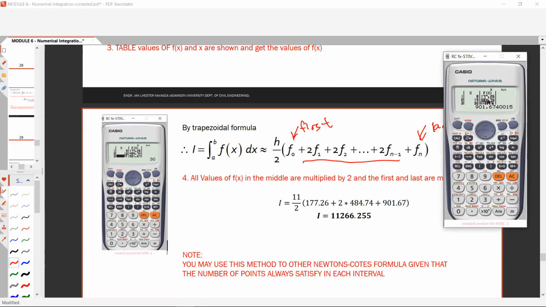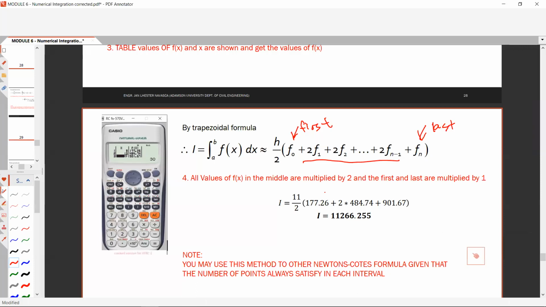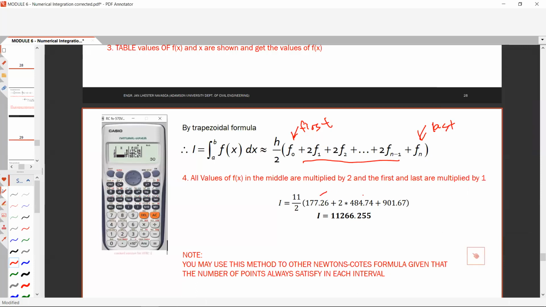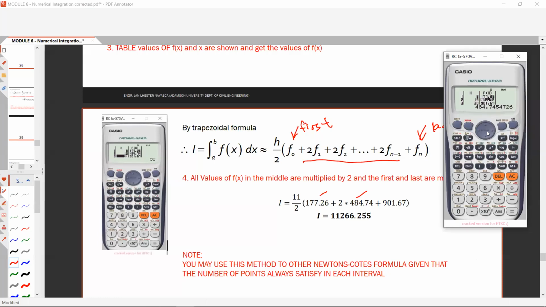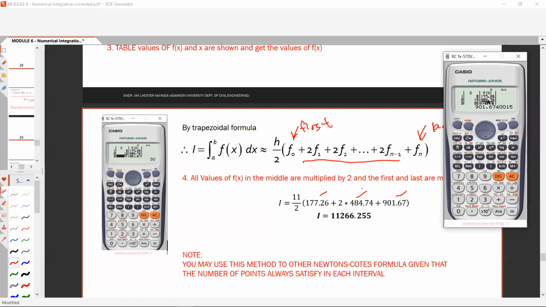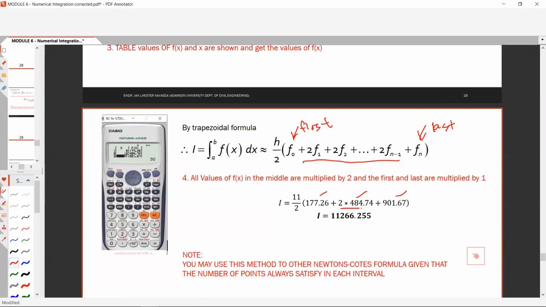So, ang gagawin mo, kunin mo lang yung mga values na yan: 177.26, 484.74, and 901.67. Then lahat ng nasa gitna ng first and last multiplied by 2. Isa lang naman yung nasa gitna niya, so times 2 mo lang to.